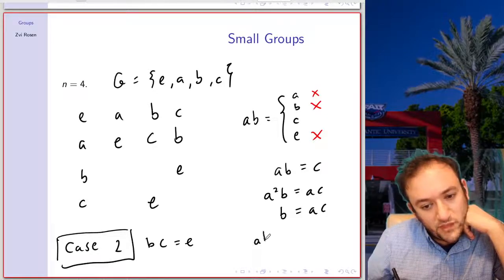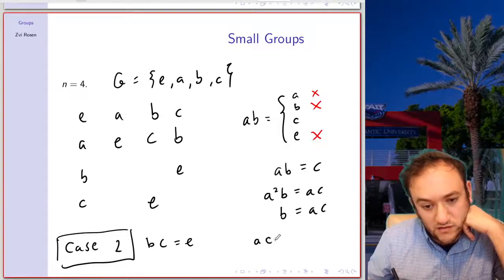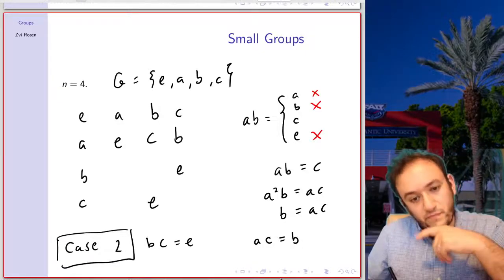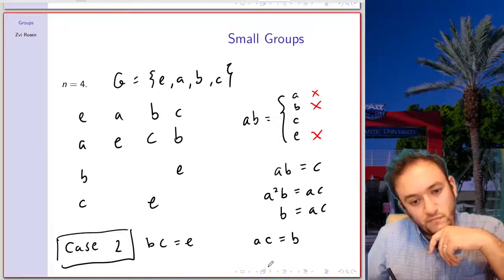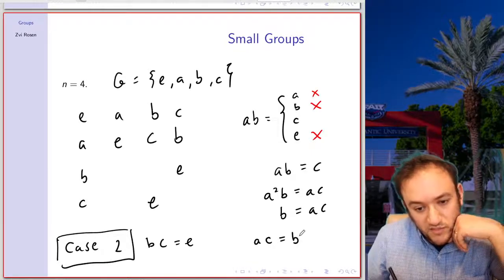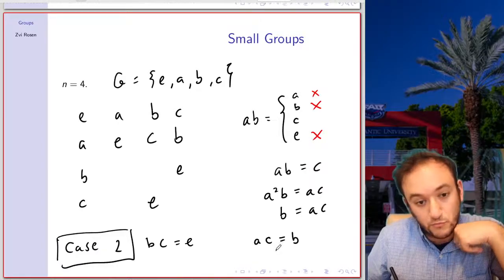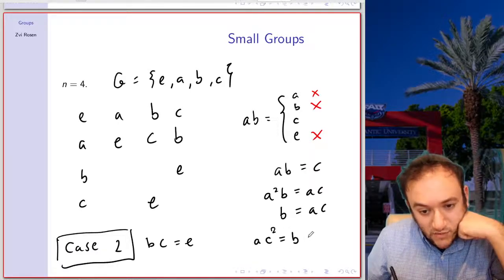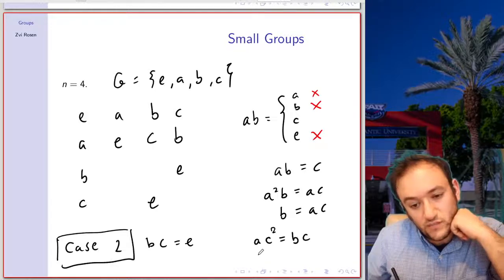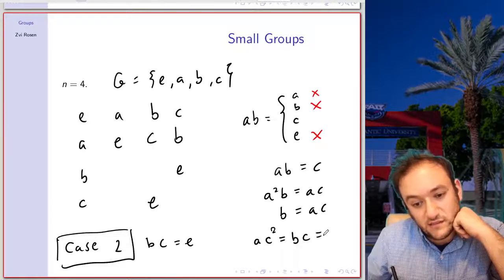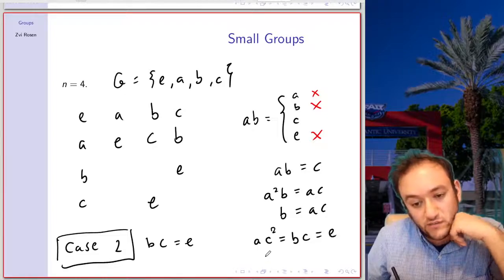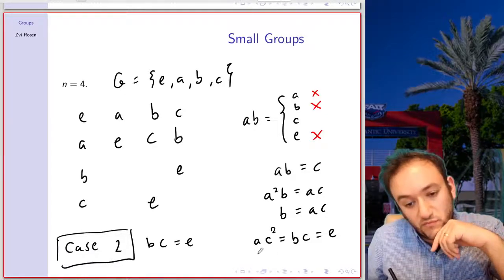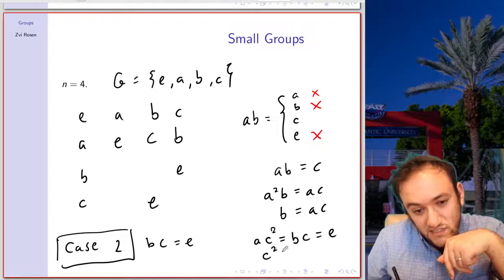We have AC equals B. If we multiply on both sides by C on the right, we get AC squared equals BC, which is equal to E. So we have AC squared equals E, or multiplying by A on both sides, that tells me C squared equals A.